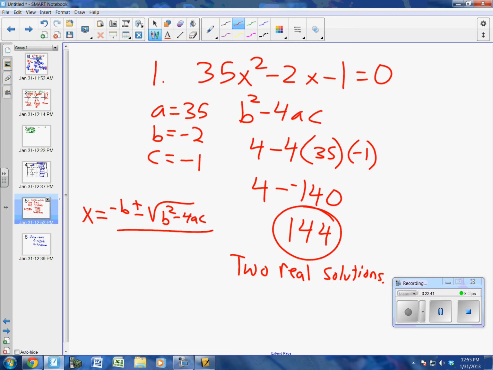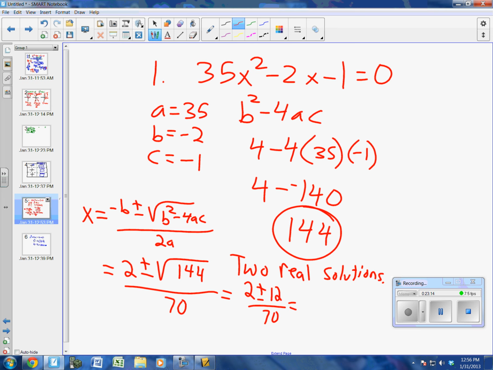So when we do this, negative b would be a positive 2 plus or minus the square root of b squared, which is 4, minus, well, we already figured out that the discriminant was 144, right? All over 2 times 35 is 70. The square root of 144 is 12, so you're going to get 2 plus or minus 12 over 70.